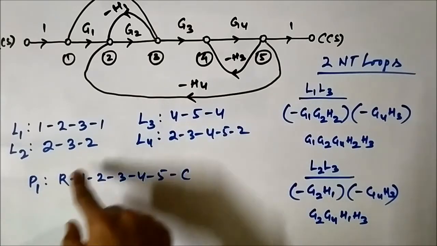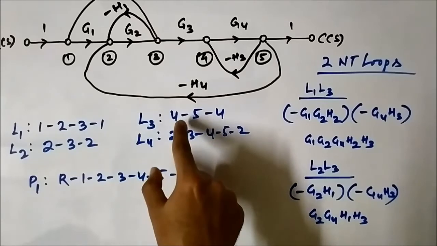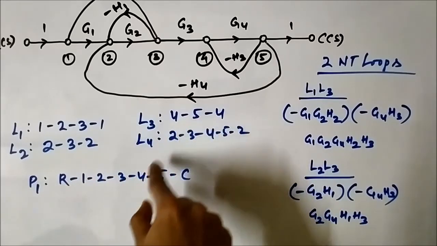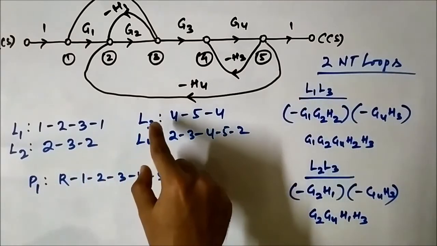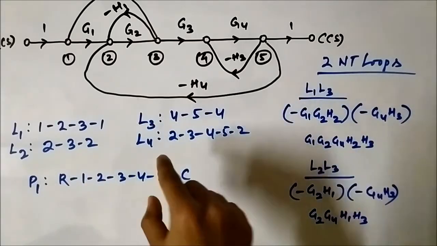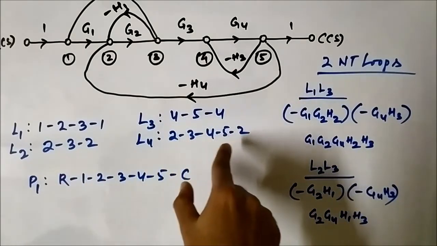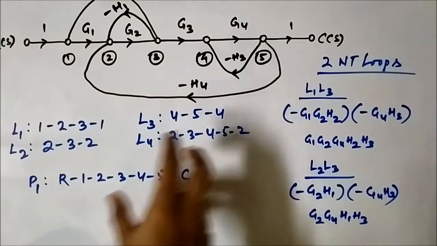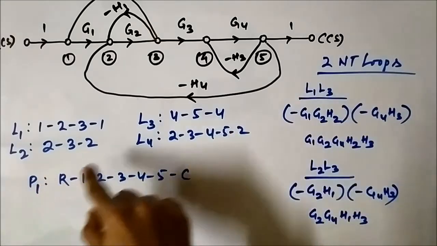Similarly path 1 with loop 3, 4 5 4, here 1 2 3 4 5, so 4 5 are common, so P1 is touching L3. Next, loop 4 is 2 3 4 5 2, here it is 2 3 4 5, so 2 3 4 5 are common nodes, so P1 is touching L4.